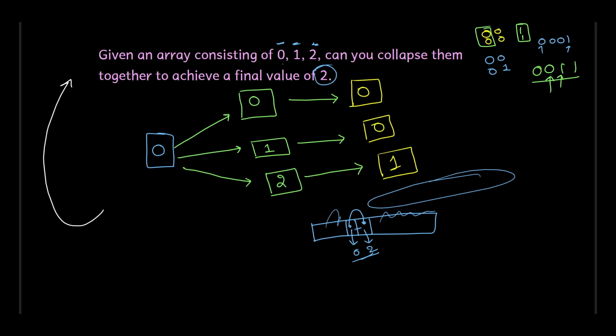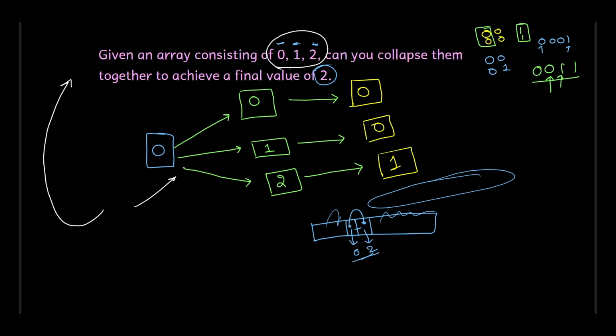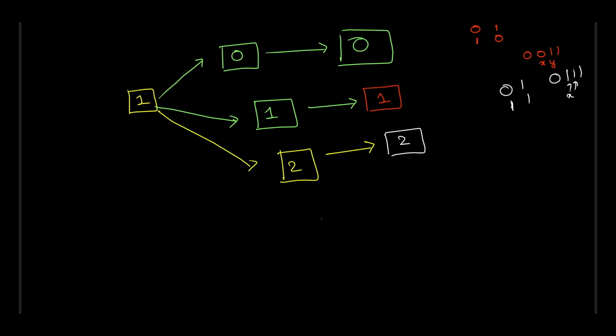Given an array containing zeros, ones, and twos, and this is how zero transitions, this is how one transitions, and this is how two transitions, can you achieve a final result of two? So try to think of an approach to do that, and maybe don't focus too much on the interval DP optimization, but look at it from a fresh perspective.